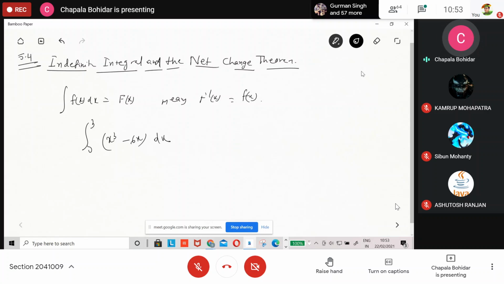Though the question is given to you as evaluate, you can use the fundamental theorem of calculus 2 also, or you can do it directly. Whichever you are interested in, you can do it. Do it and then give the answer.